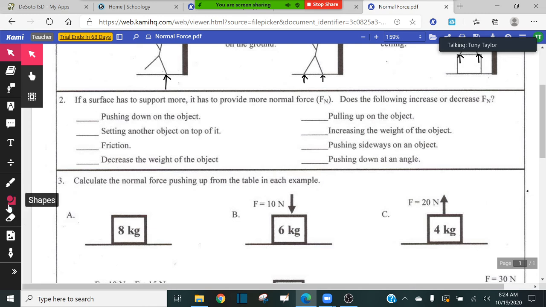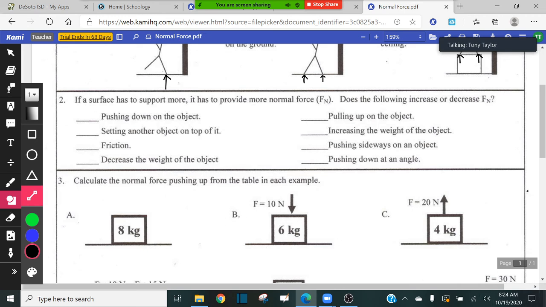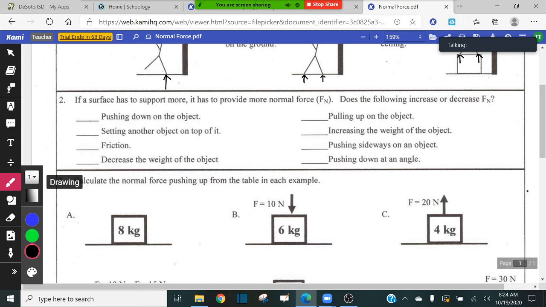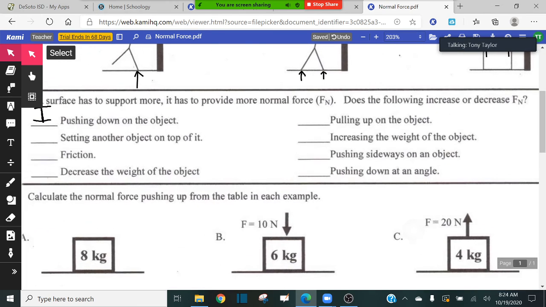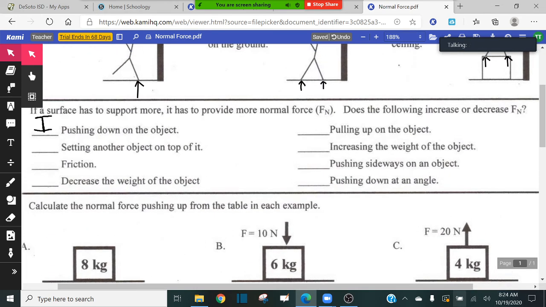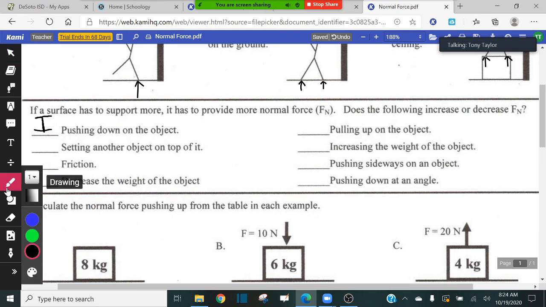So for here, I'm going to put I for increase. Pushing down on a surface increases the normal force. What if you set another object on top of that object? Well, that should be obvious. Setting another object on top of that object is similar to pushing down harder on it, so that also increases the normal force.